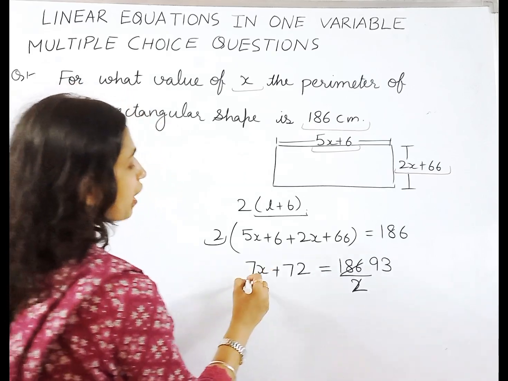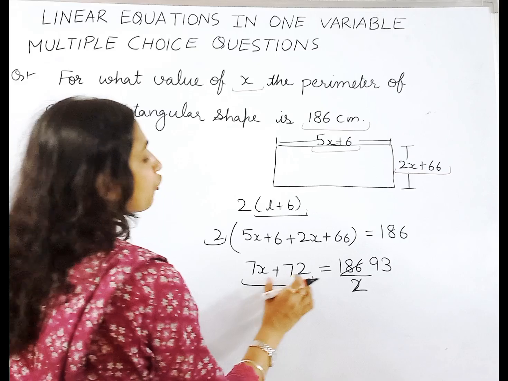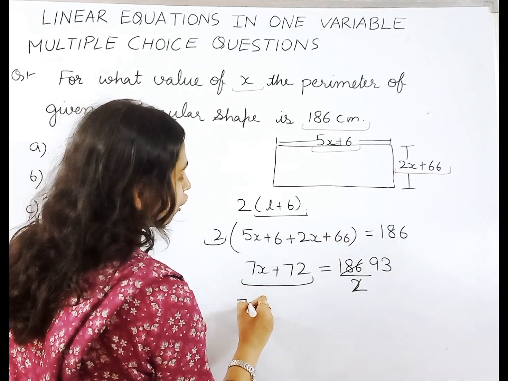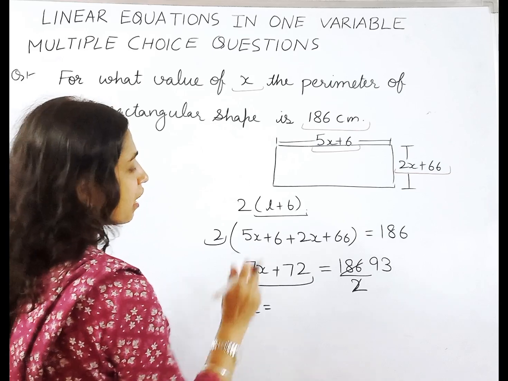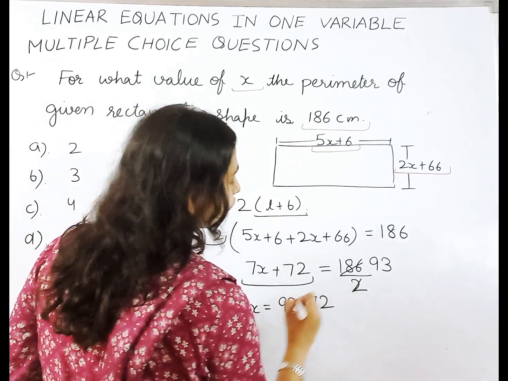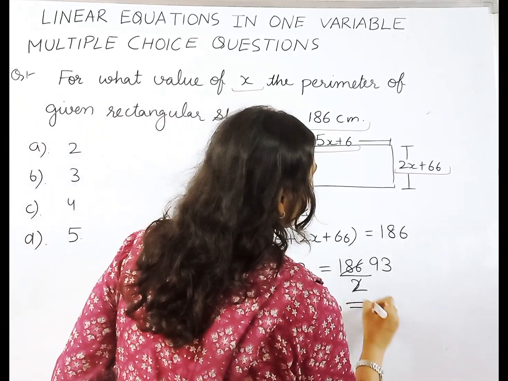Now we have 7x plus 72 is equal to 93. What we will do, we will shift this term 72 to the right hand side of the equation. So the equation becomes 7x is equal to 93 minus 72. And 93 minus 72 is equal to 21.